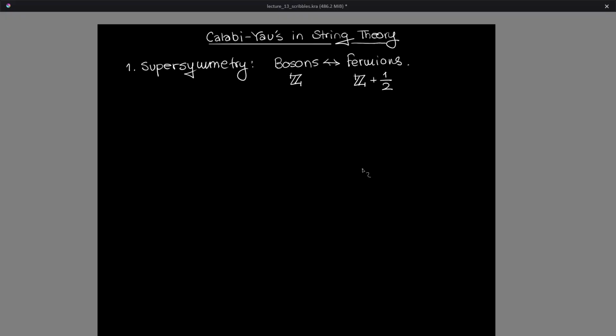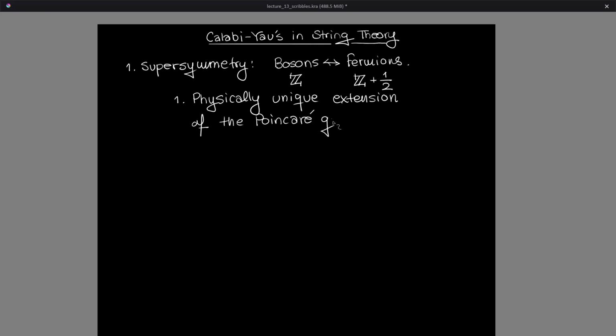So supersymmetry is a symmetry that exchanges bosons and fermions, and we like it for a few reasons. Number one, it seems to be a physically unique extension. There were some physicists who worked out some theorems to find out this uniqueness, but it's a physically unique extension of the Poincaré group, which is the symmetry group that we currently have for our particle physics.